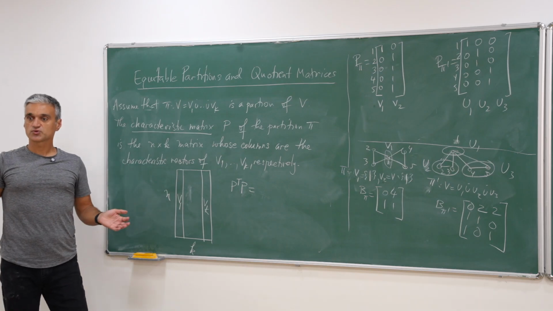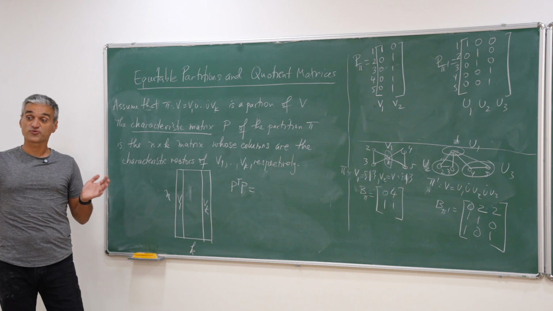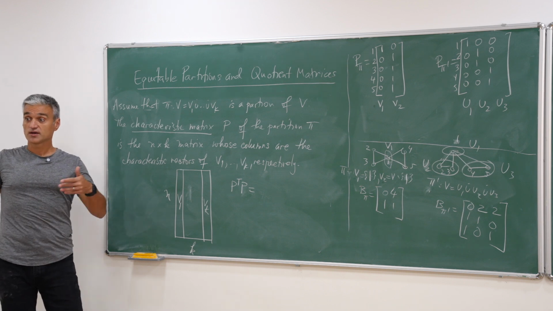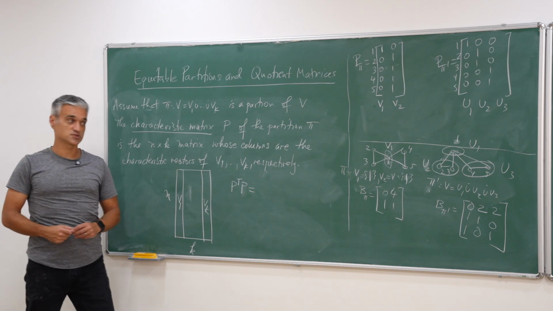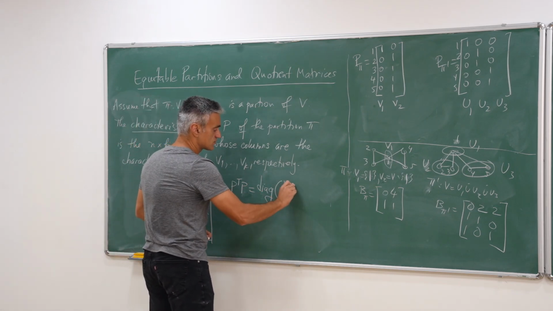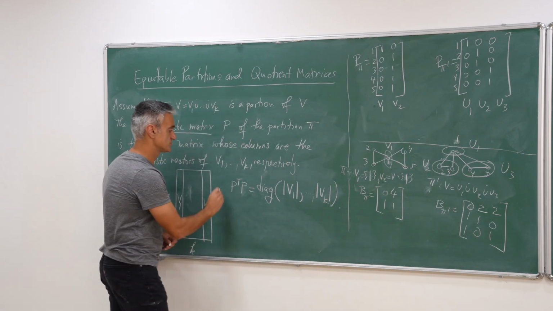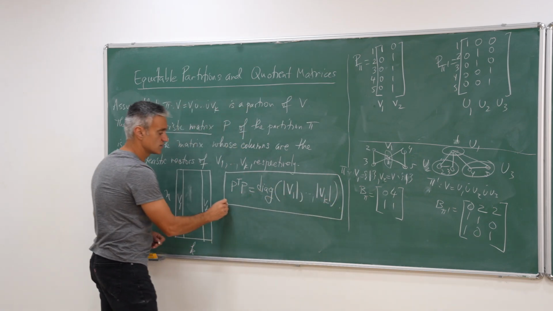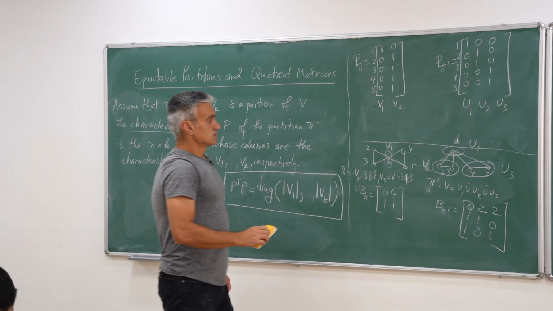So what do you get off diagonal? Off diagonal you get 0. And on diagonal, what do you get? The size of each part. So this is going to be a diagonal matrix where you get the cardinality of V1, up to the cardinality of Vk on each part. So keep that in mind because we will use it. Okay? All right.